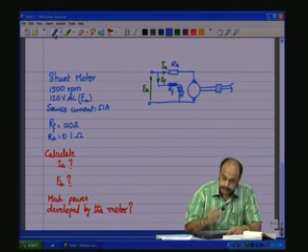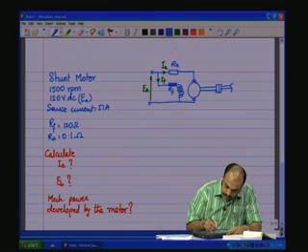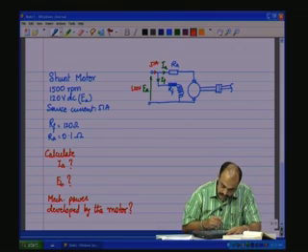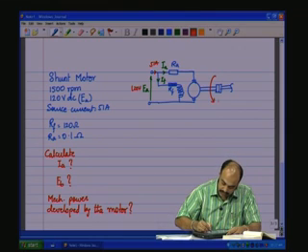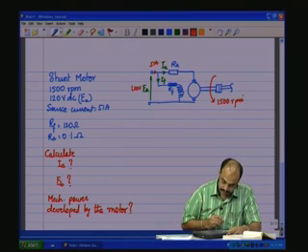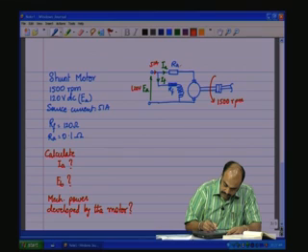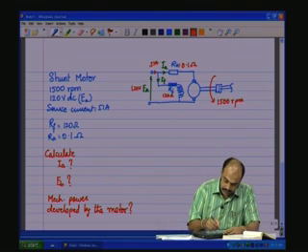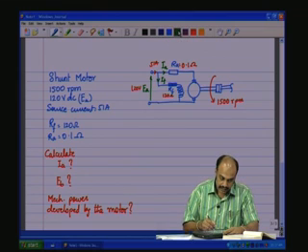So, now what we have is this is 51 amps, we have 120 volts, and this is rotating at 1500 RPM. Okay. Now, RA is 0.1 ohms and RF is 120 ohms. And now, let us calculate first IA.